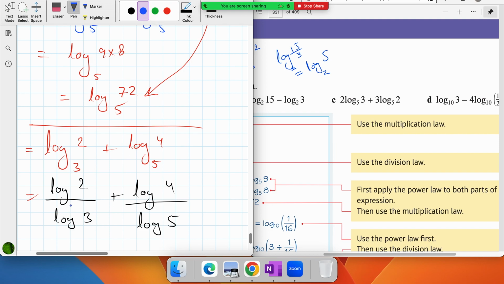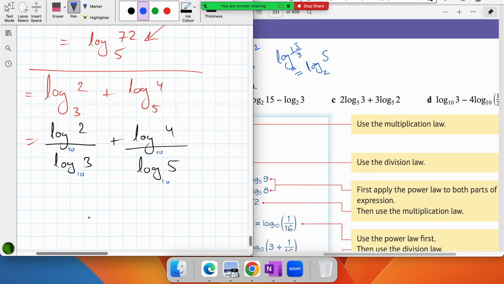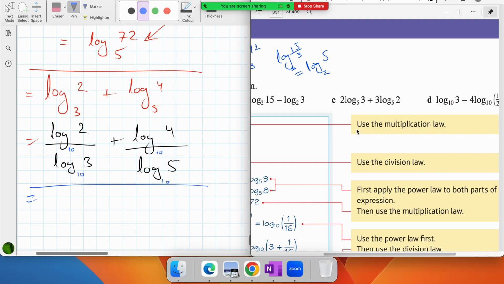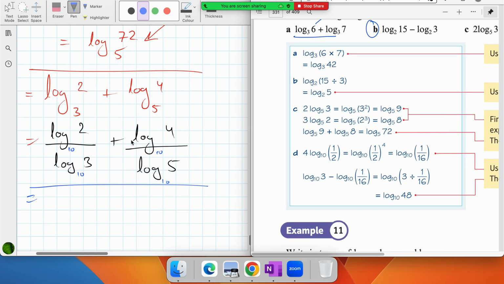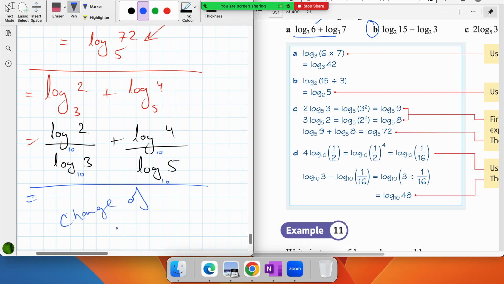When there's nothing in the base, it is understood that this is 10. So now I can write them as single log. I'll skip this for now. This would get complicated. Taking it step by step. But this is how you do it. This is known as change of base, when the bases are not the same.